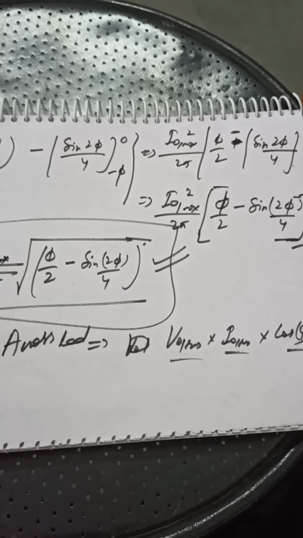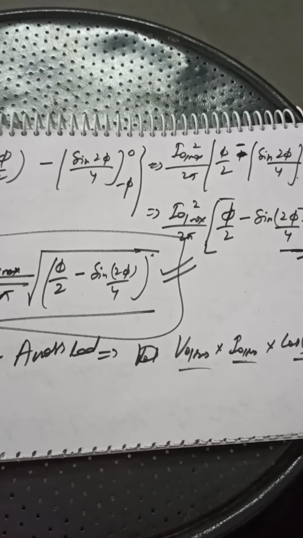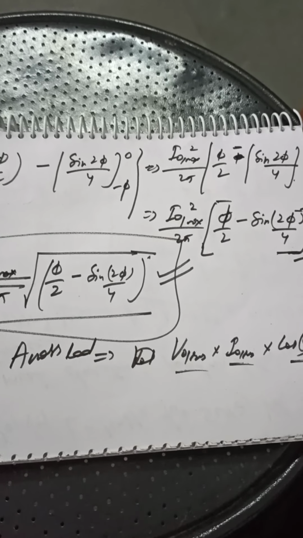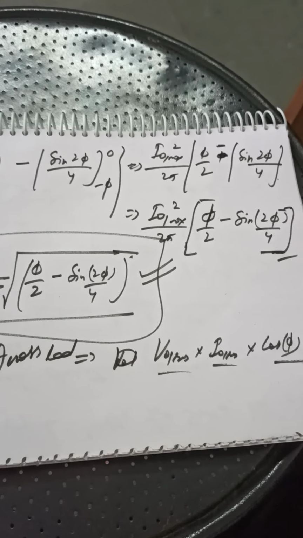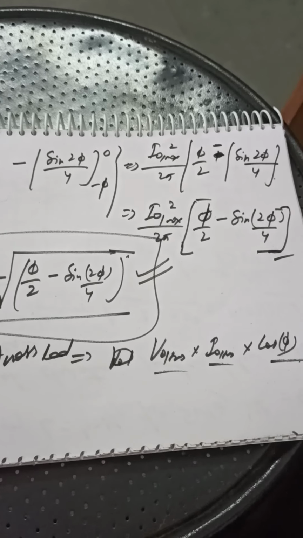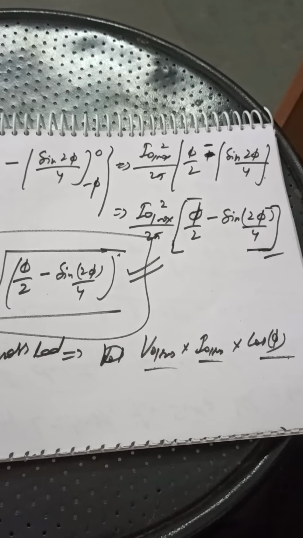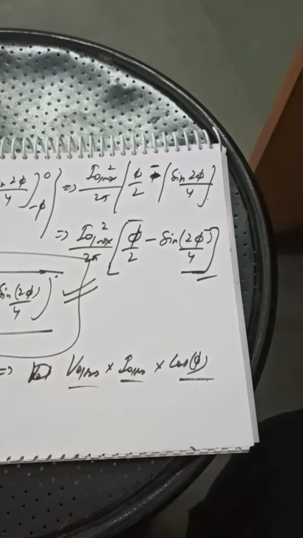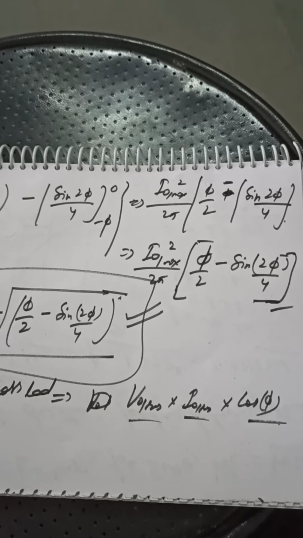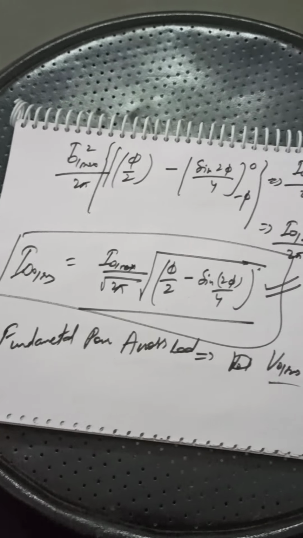The fundamental RMS value of the voltage will be 4 VDC by pi by root 2, which we can easily calculate by using the Fourier expression. Then we can get the fundamental value of output RMS current, I naught 1 RMS, and then we can easily calculate the angle phi between V naught 1 RMS and I naught 1 RMS. Simply by putting the value of cos of phi we can get the value of fundamental power across the load.